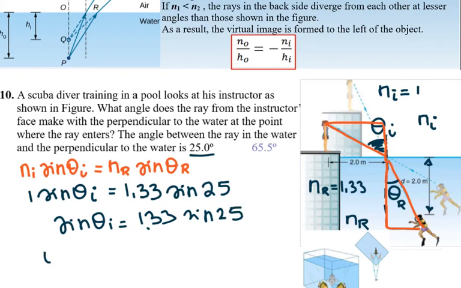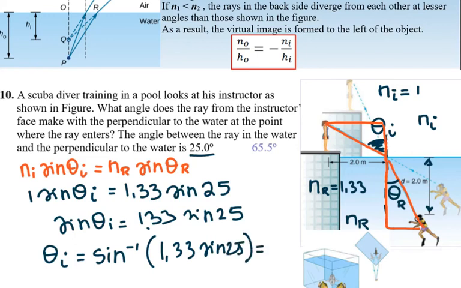And that gives me theta I is equal to arc sine of 1.33 sine of 25. And that is 34.2 degrees. So this is this angle.